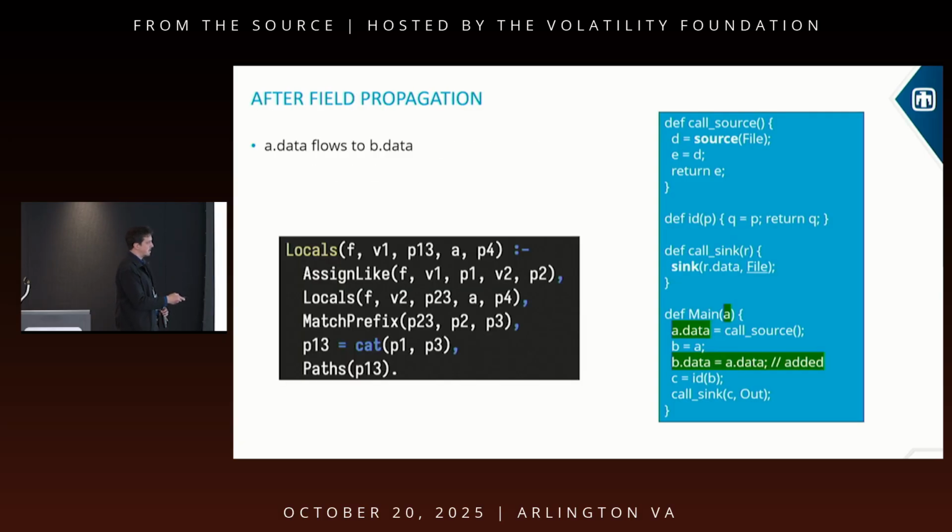We have this data A. We have a rule that reasons about the fields using the field splits that I mentioned a minute ago. All we're doing is adding to our database of facts. We're saying A.data flows to B.data because of this assignment here. Just to give you the picture, there's an engine that looks at all these assignments and incrementally builds up data flows for all the functions.